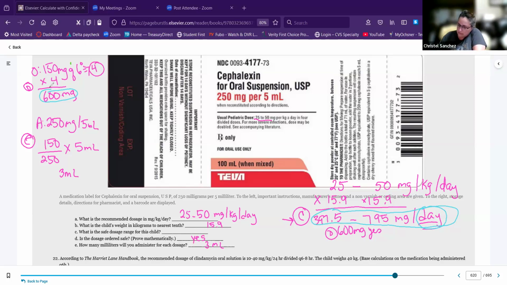I don't even see any per dose, y'all. Everything's per day. Let's check a couple more.